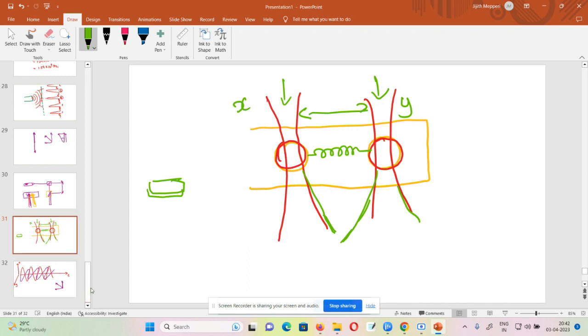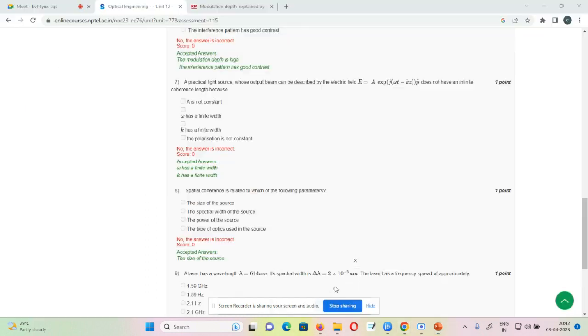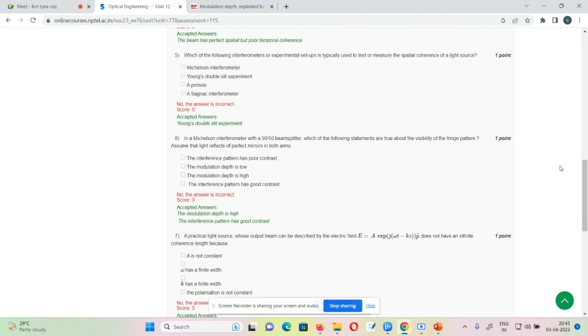Okay, sir. And coming to Anirudh's question, in the plane wave we will not say any particular polarization. We are thinking that all have the same polarization, but the amplitude and wave number have a characteristic width even if your polarization is constant.